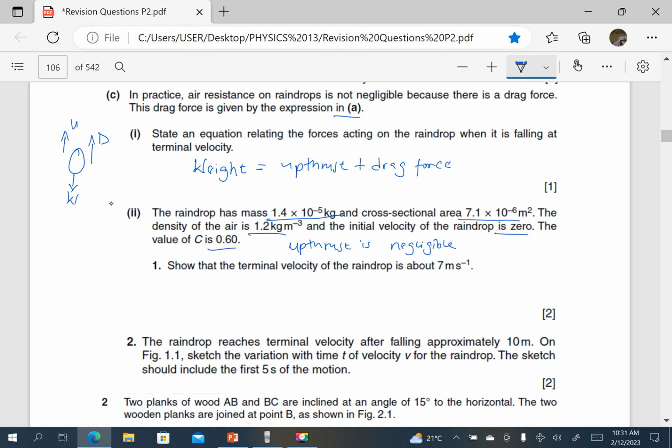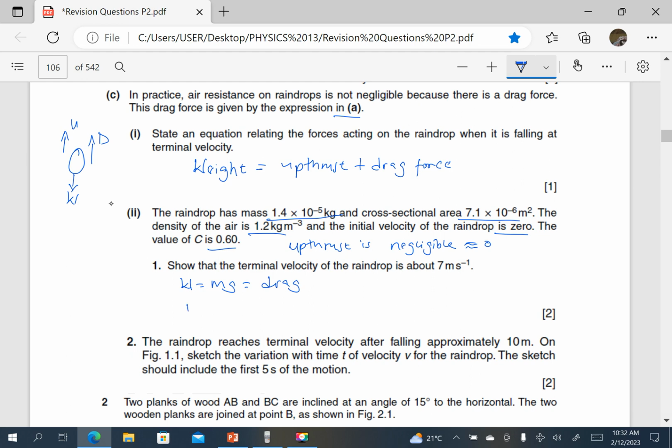So it is approximately 0. So it means the weight, which is equal to mg, should be equal to the drag, if the upthrust is negligible.